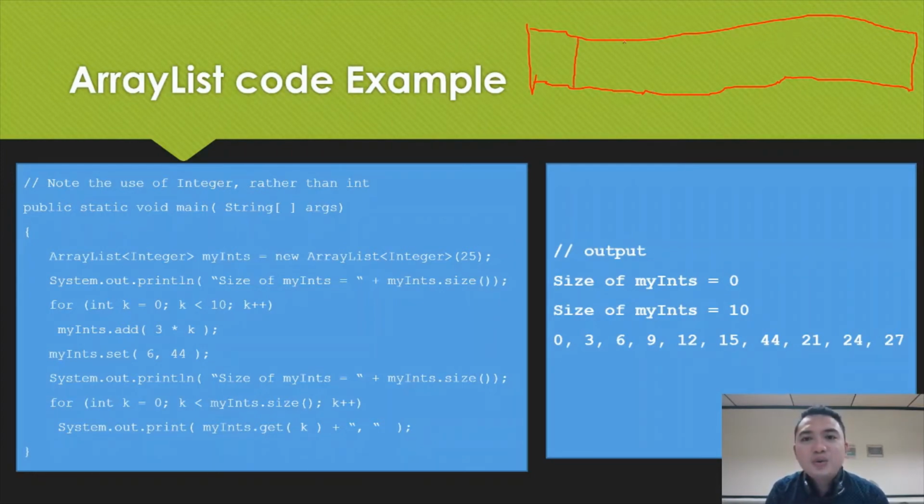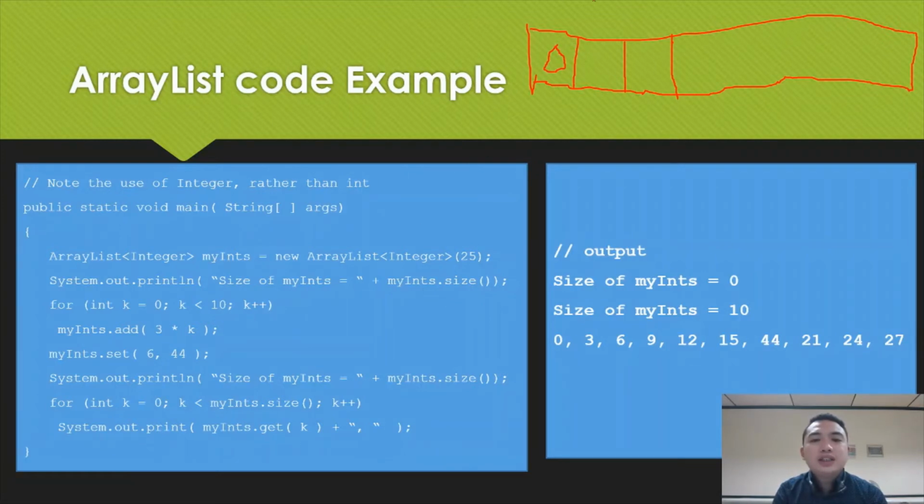Okay, 0, 1, 2. So the first element, myInts.add(3 times k), is added at index 0 basically, and then it will increment k.